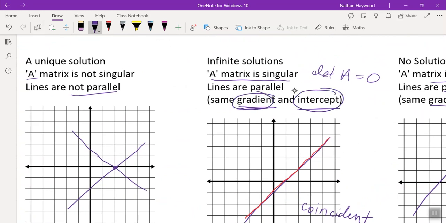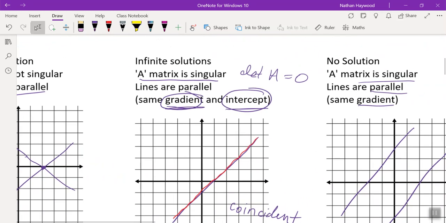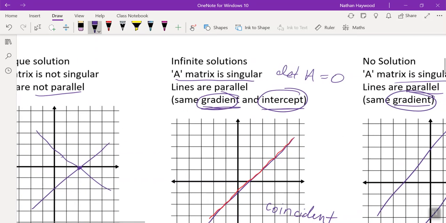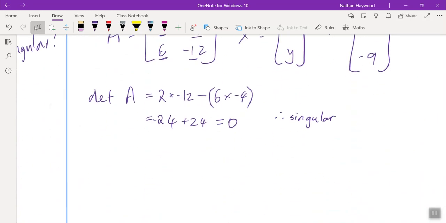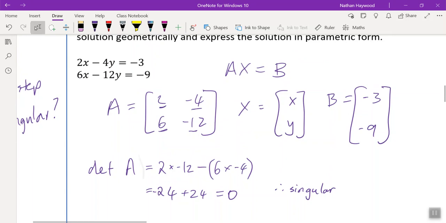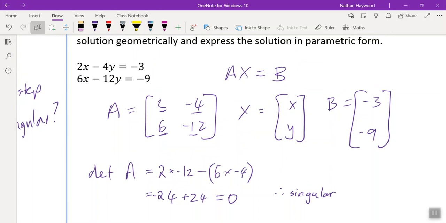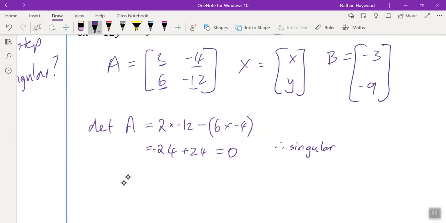It's either going to have the same gradient and the same intercept, or just the same gradient. So imagine like you're showing a grade 10 student. What would you do to show it's the same gradient and same intercept? Perfect. So that's the second step.